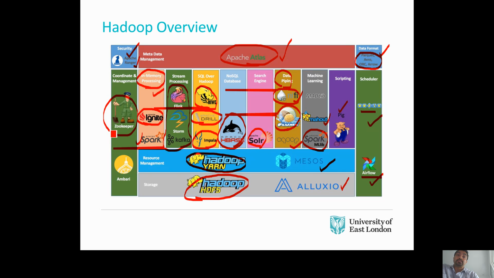This is the coordinator. It is something like a police officer, or let's say a doorman for your cluster, and it is going to manage every single component. If you want to add or remove any components, you can do it through ZooKeeper. If you want to configure your cluster based on these ecosystems, you can use ZooKeeper.